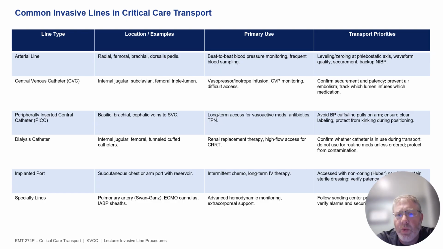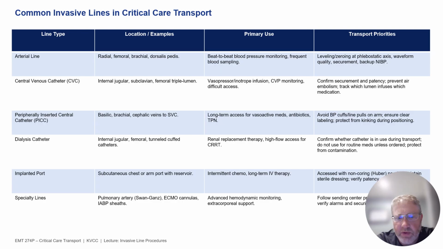Look at the waveform quality, securement, backup NIBP, things like that. Your central venous catheters are typically placed in the internal jugular vein or the subclavian vein or even in the femoral vein with the triple lumen.